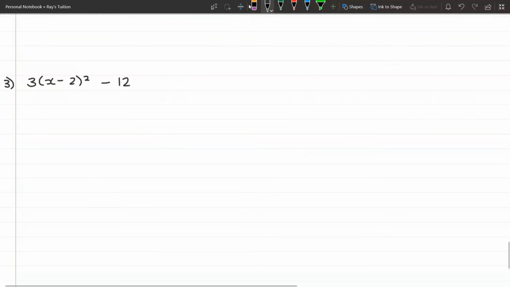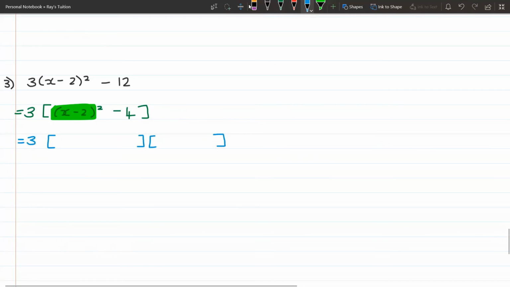Let us look at the final example. So here we have a common factor 3, and that is always what you should deal with first. We're going to take out that common factor. So taking out the common factor, we're left with (x − 2)² − 4. Now you can see this part here is the difference of two squares. We have a whole term being squared in the first one. So I'm going to split that into two brackets. In the first bracket is the square root of the first term, which is x − 2.